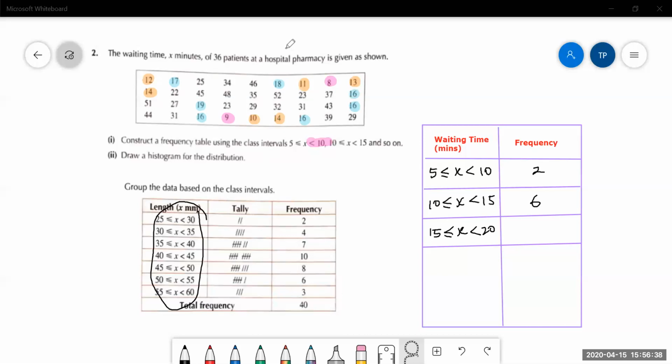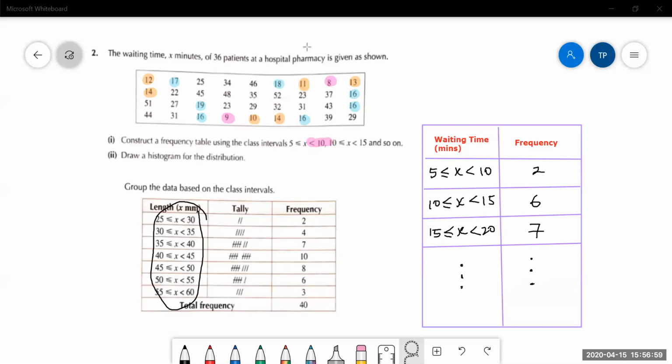Okay, so how many are there? 1, 2, 3, 4, 5, 6, 7. Yeah, 7, right? Okay, so I want you to complete this table and show me later.